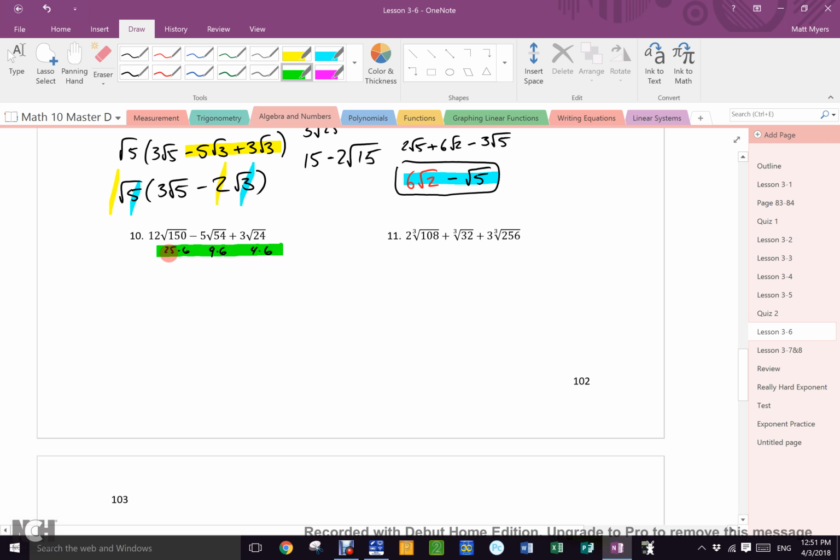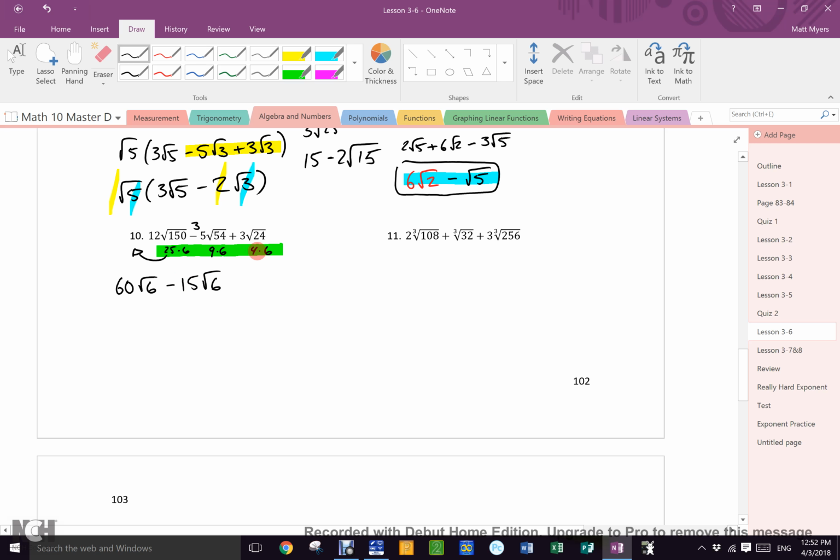What's the square root of 25? So out comes a 5. What's already there? So I get 60 root 6 minus, what's the square root of 9? 3. So what comes out? A 3. What do I do with the 3 and the 5? So I multiply them to get minus 15 root 6.